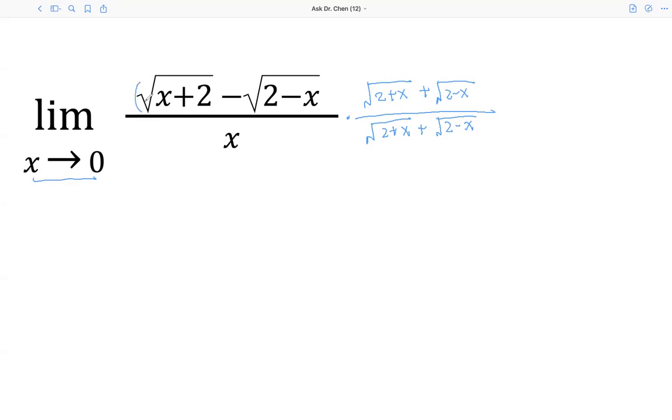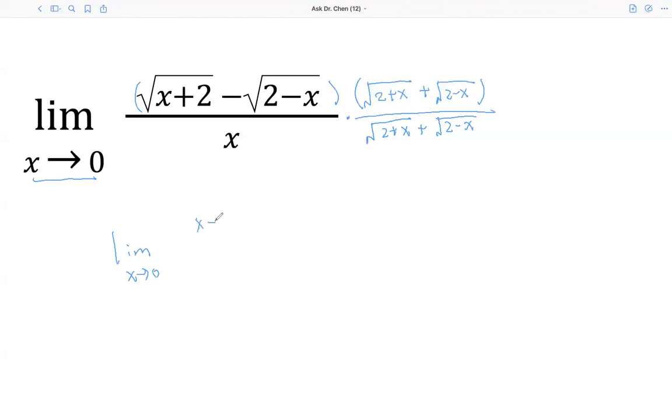So the numerator we see we have difference of 2 squares. Those two are the conjugates of the difference of 2 squares. So let's carry on the limit as x approaches 0. And we have the first one square root, square cancel out.